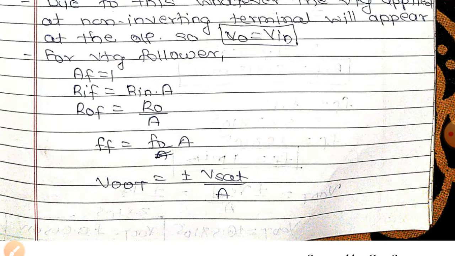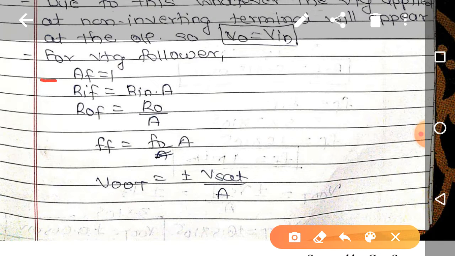these are the parameters for the voltage follower. See here, feedback gain is unity.